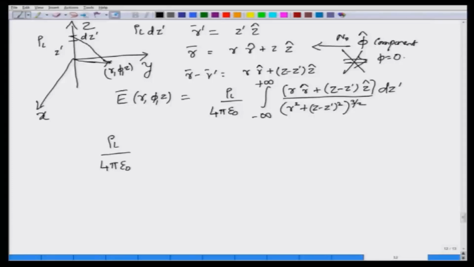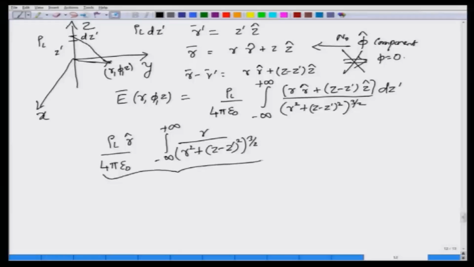Therefore, r hat becomes a constant and can easily come out of the integral. Then you can use the same ideas that we developed in the last class to solve for this integral.